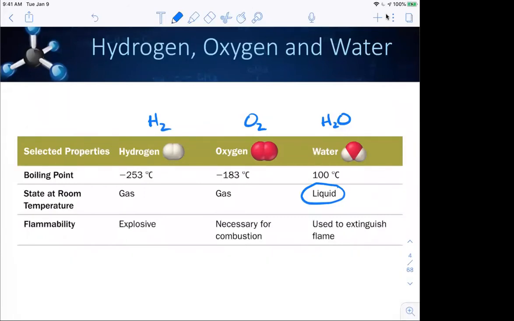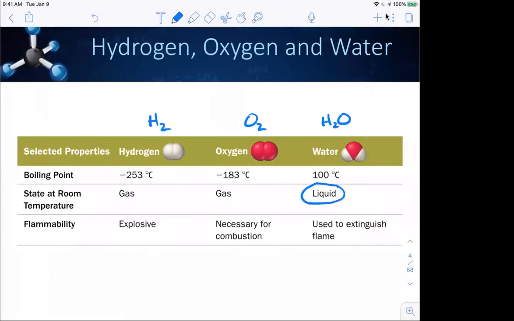So when I use these temperatures to figure out what state it's in, anything above negative 253 degrees Celsius for hydrogen will be the gas form, right? Anything above negative 183 degrees Celsius for oxygen will be the gas form.